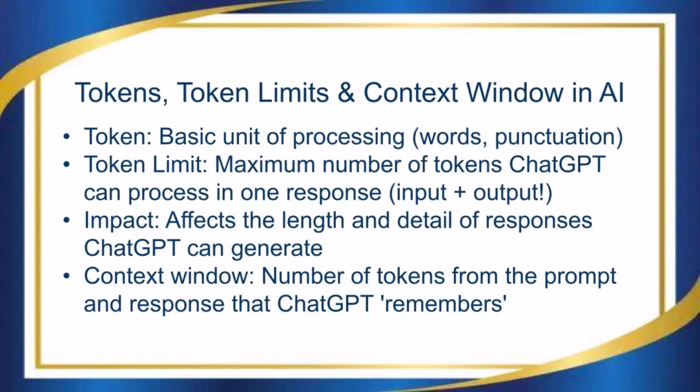So that means when you enter a prompt into ChatGPT, maybe it is 100 words, maybe it is 400 words, but the length of that input is measured in tokens. And the amount of tokens that this makes up is also influenced by words and punctuation. And tokens are important because of the token limit.